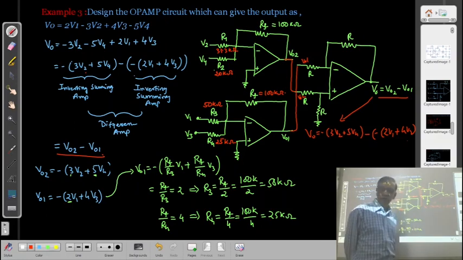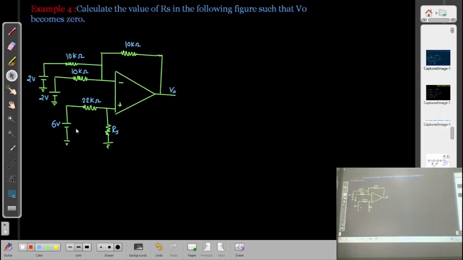Okay, now look at this next example. Calculate the value of Rs in the following figure such that the VO becomes 0. Remember, here in this example, what will be the value of Rs so that my output voltage will be equal to 0?